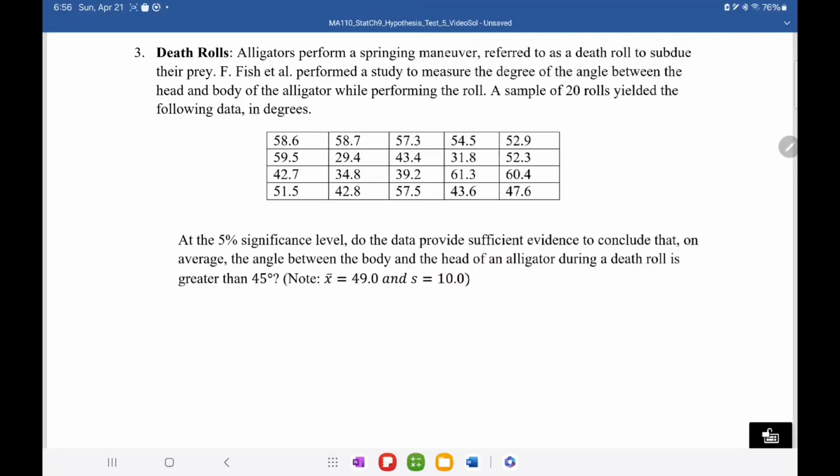So in order to extract the data, like I always say, the best thing is to write the formula that we will need for our test statistic. All right, if you're working on a confidence interval, have the formula for the confidence interval in front of you. That way you will know which variables you will need the data for.